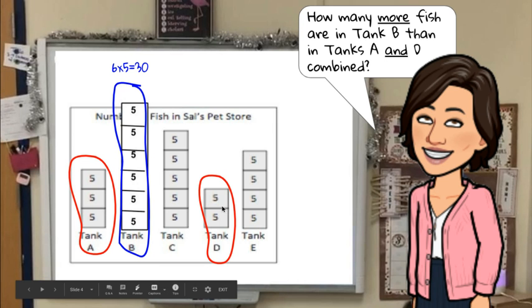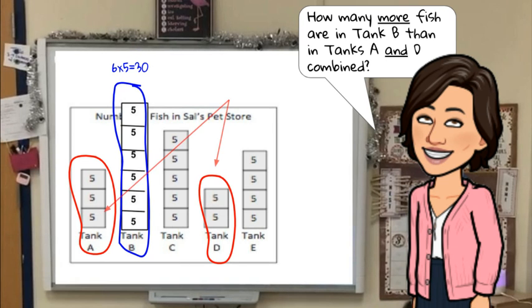But since I'm counting by 5s, I can easily say 3 plus 2 more groups of 5 is 5 groups of 5. Okay, so you wouldn't actually redraw this in your graph. I'm just doing this as a visual to show you that in my head, I combine 3 groups of 5 and 2 groups of 5, and that can help me solve it.